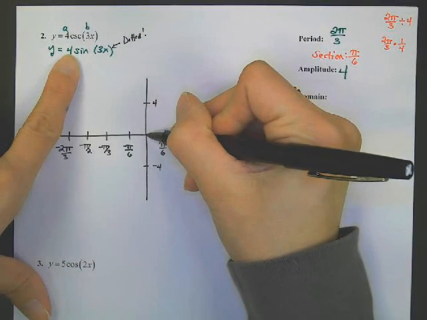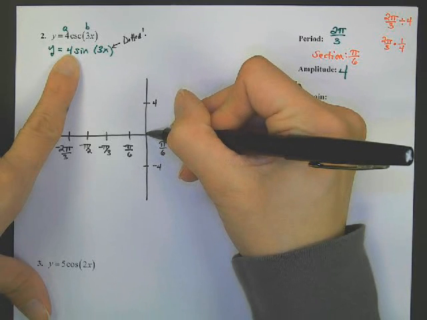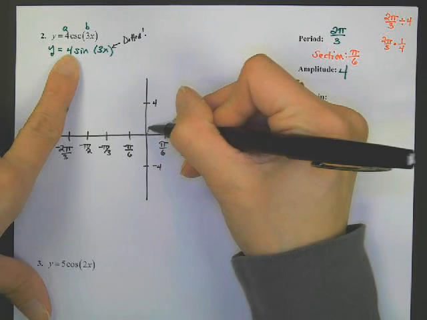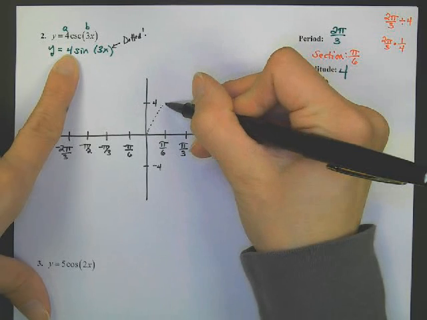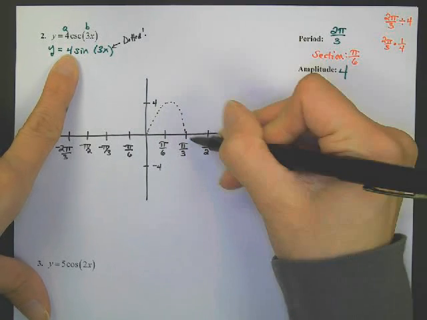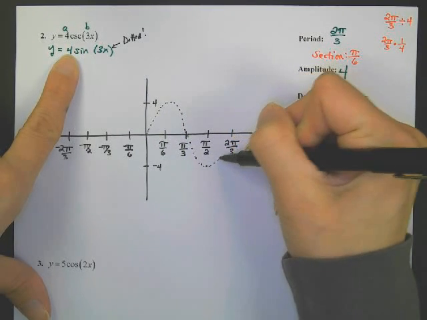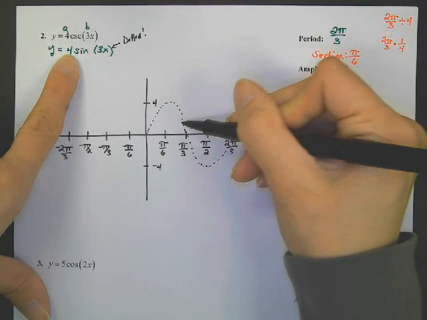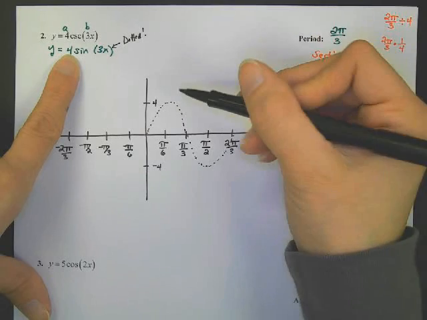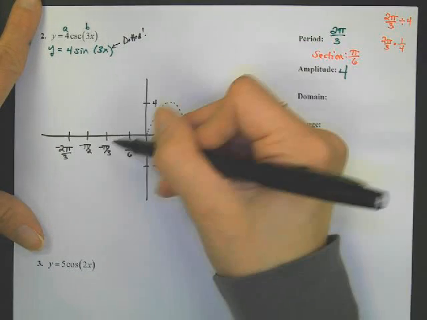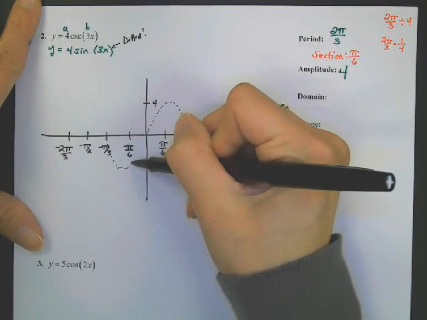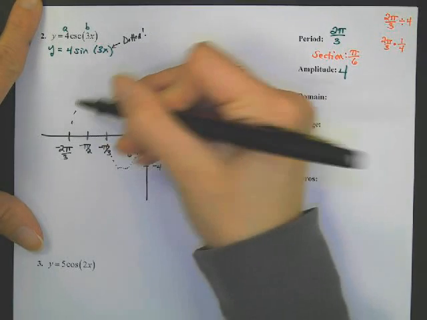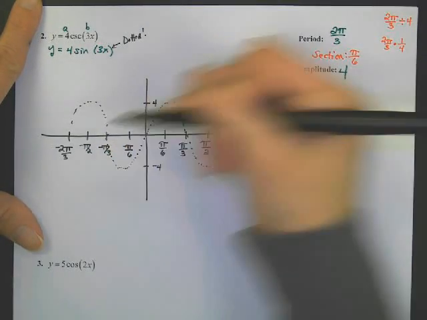Sine starts at 0, and he goes up to a maximum, then down to a 0, down to a minimum, up to a 0. The reason I'm doing this dotted is that's not the cosecant graph. This is sine, but it's going to help me graph the cosecant graph. Here's the dotted sine graph.